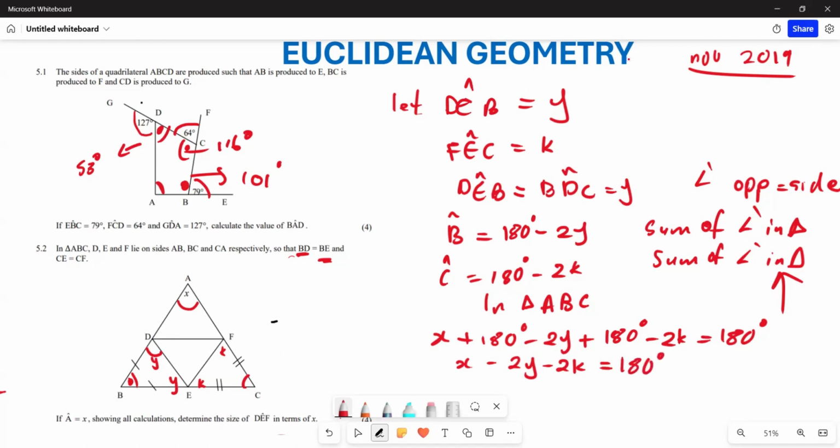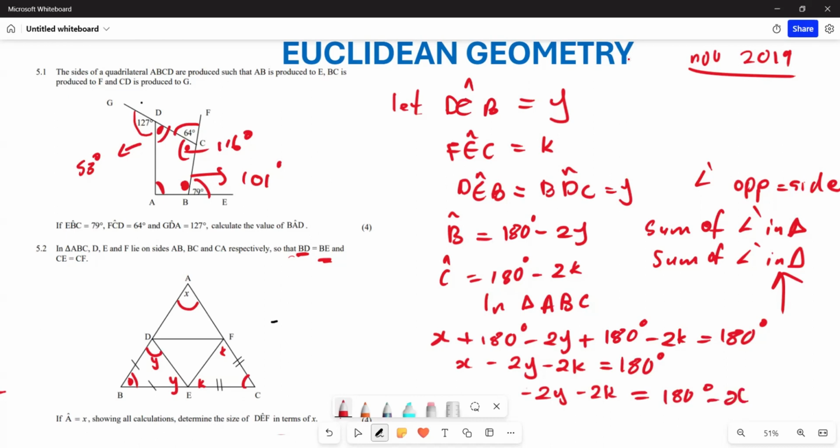Now let's say I want to make my k and also my y the subject of the formula. What is it that I'm going to have from here? If I take the x to the other side, I'm left with 2y plus 2k is equal to 180 degrees minus x, right?